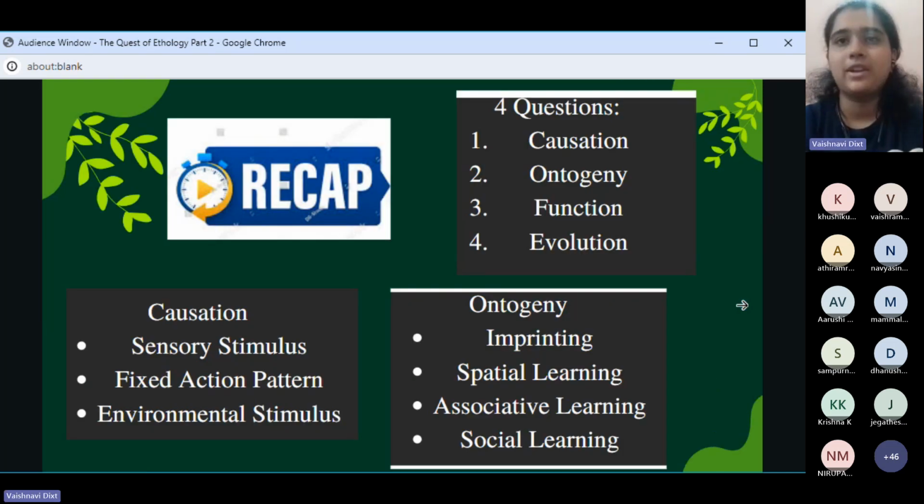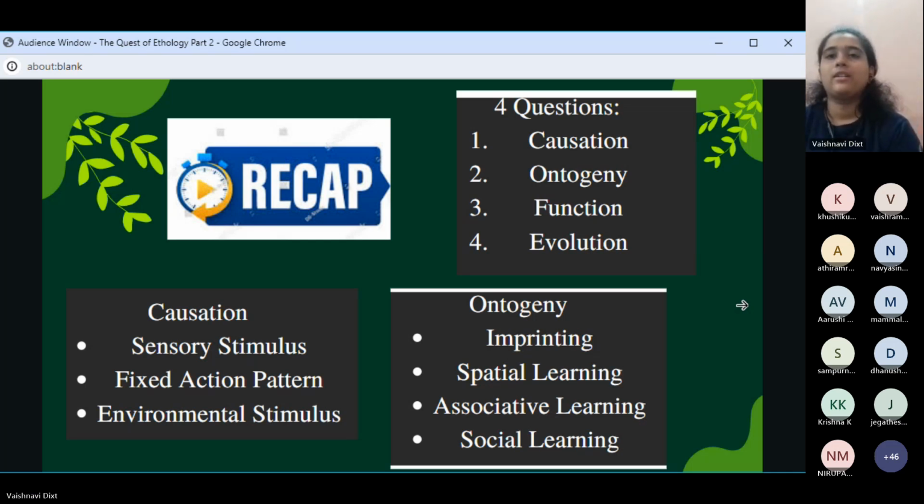We already did a lot of recap, and you remember. The four questions of Tinbergen, out of which two we observed last time: causation and ontogeny. Some examples of causation, some examples of ontogeny. Now let us go ahead.